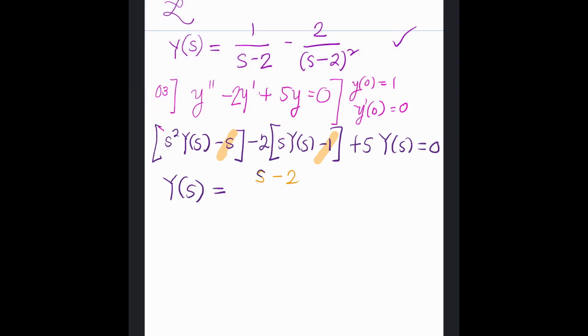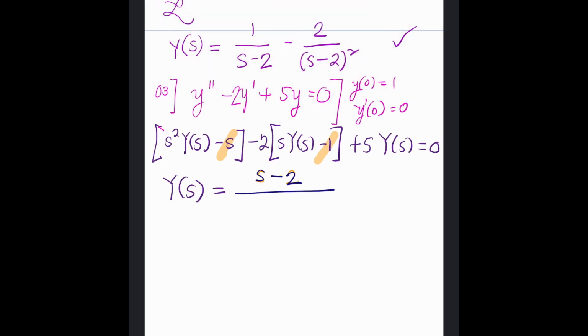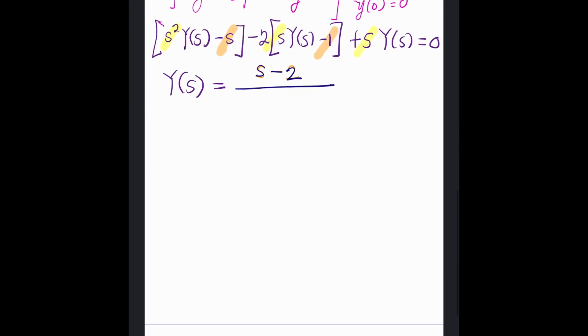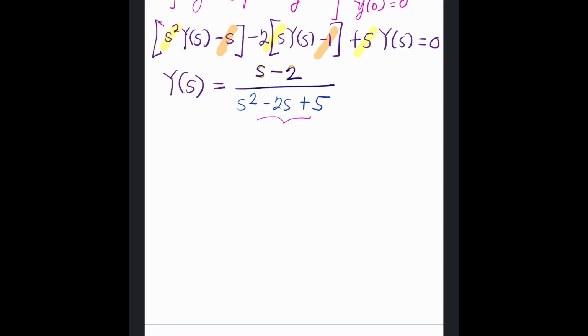S minus 2 over the coefficient of Y of s. What is the coefficient of Y of s? S squared minus 2s plus 5. Notice that the denominator is not factorable.